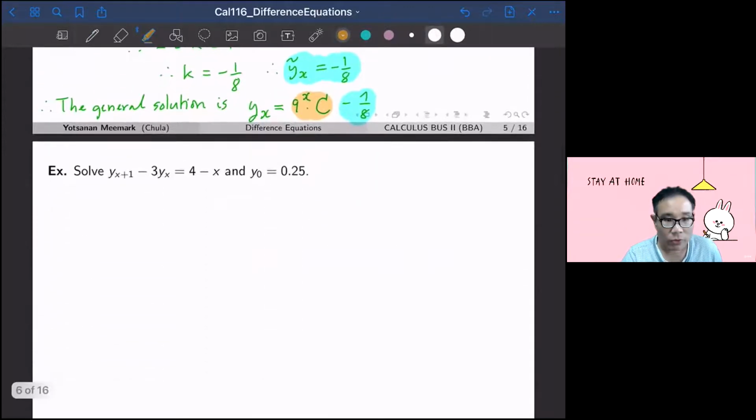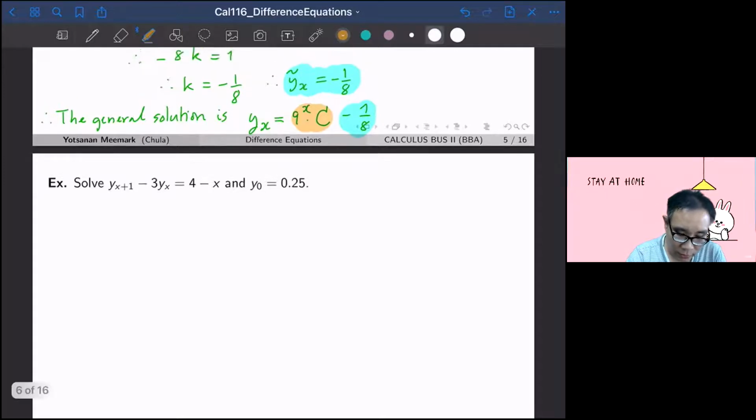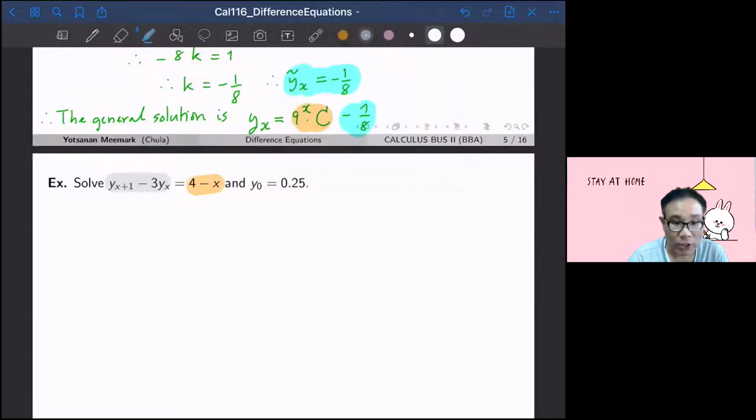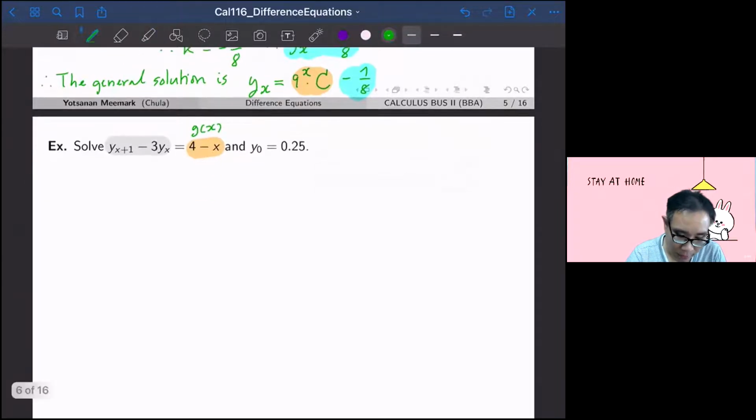So you have y(x+1) minus 3y(x) equal to 4 minus x. This one is your g(x), and this guy will be your homogeneous part.